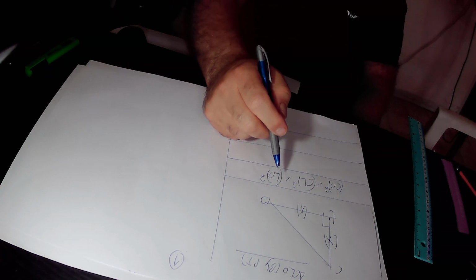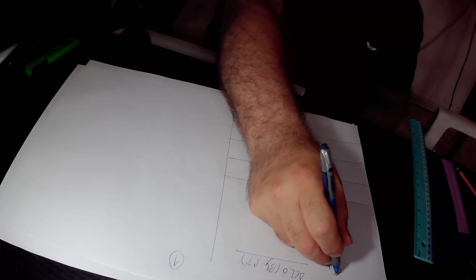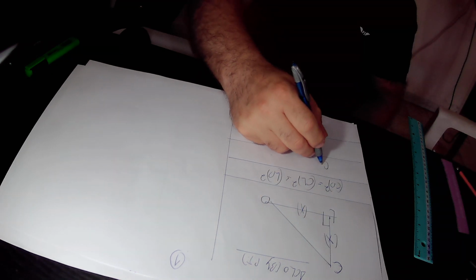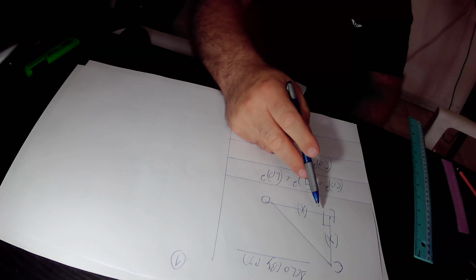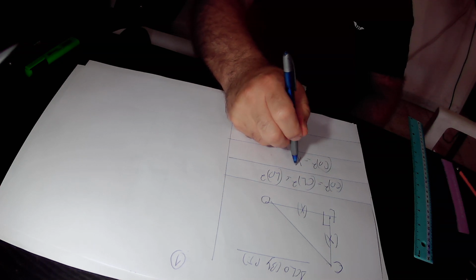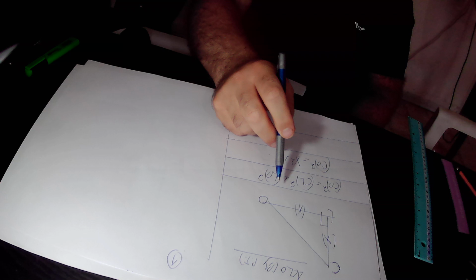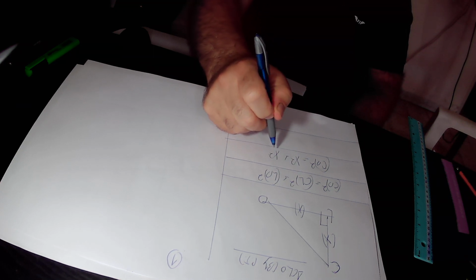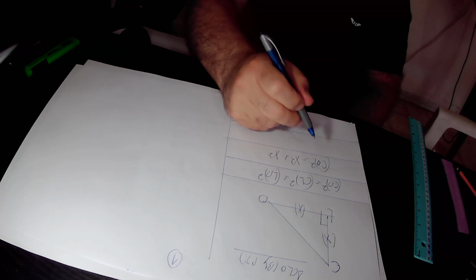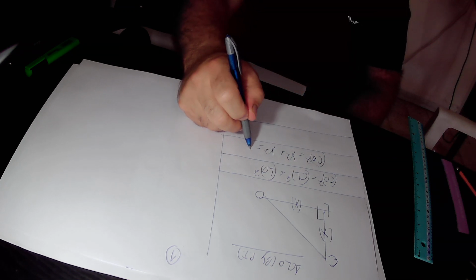CO is the missing side, so we leave it as it is. So CO squared equals CL squared. CL is X, therefore CL squared is X squared, plus LO squared. LO is also X, therefore LO squared is X squared. So in total, CO squared equals X squared plus X squared, this is 2X squared.